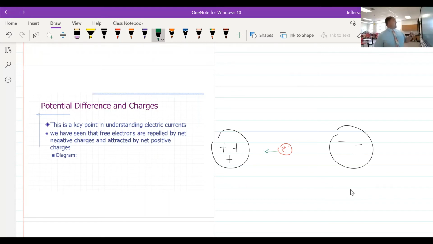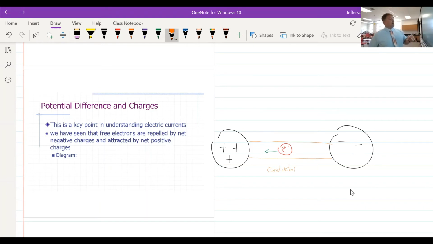Now, what happens if we put a conductor, and I will draw the conductor in an orange pencil, since that's a little easier to see. If we put a conductor here, remember, conductors allow charges to flow easily through.